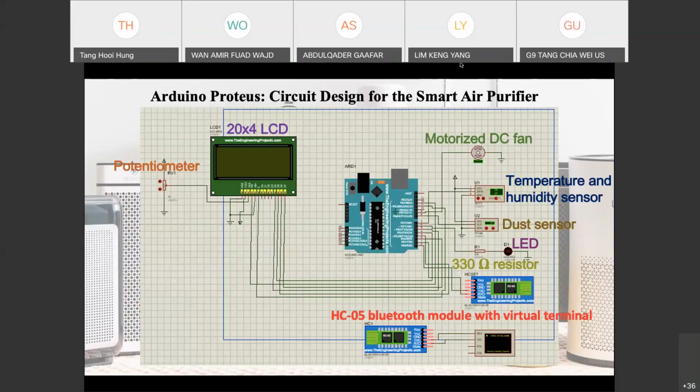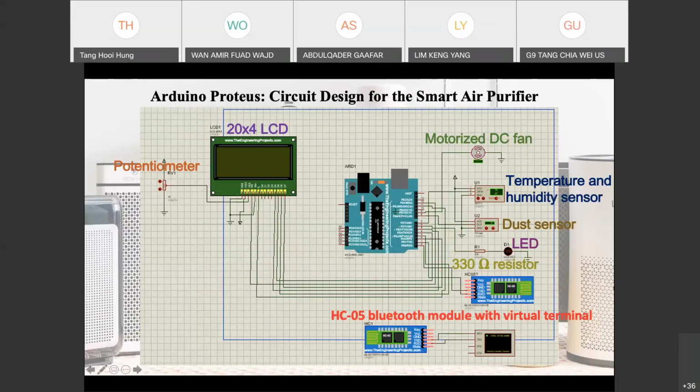The third component is our dust sensor. The dust sensor is a PPD42, which can detect particle sizes as small as 0.3 micrometer, and it senses the dust particle size in the surroundings and detects the concentrations. If the concentration is lower than 600 pieces per CIF, it will send the data to our Bluetooth, and hence the smart air purifier will start to operate.